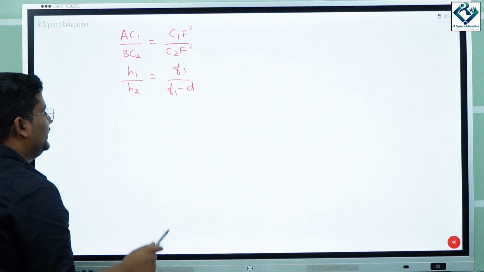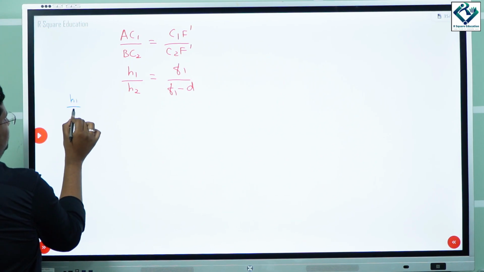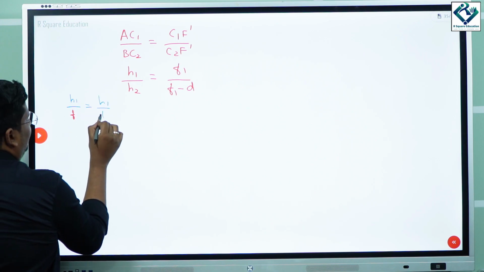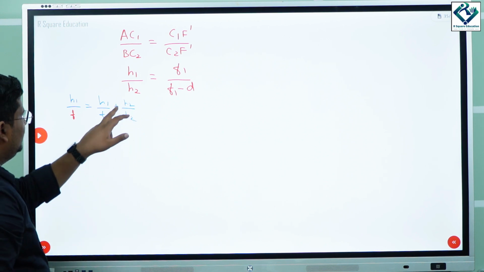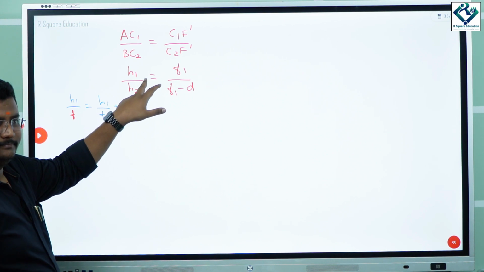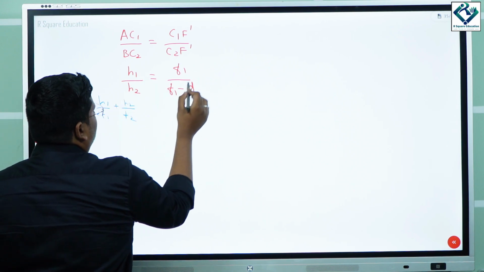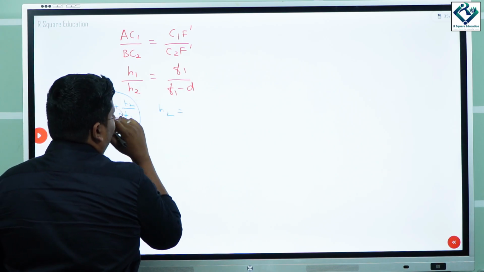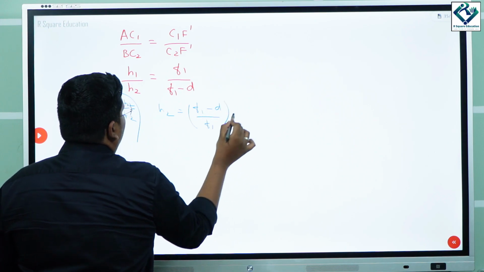Right. The equation I had was H1 by F is equal to H1 by F1 plus H2 by F2. Correct? Can I take H2 out of this? If I want only H2 from this, what I'll do: H2 will be equal to F1 minus D divided by F1 into H1.